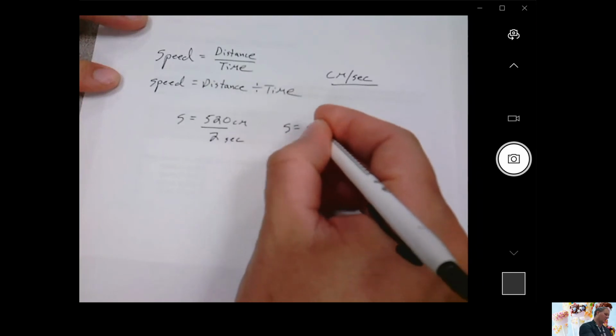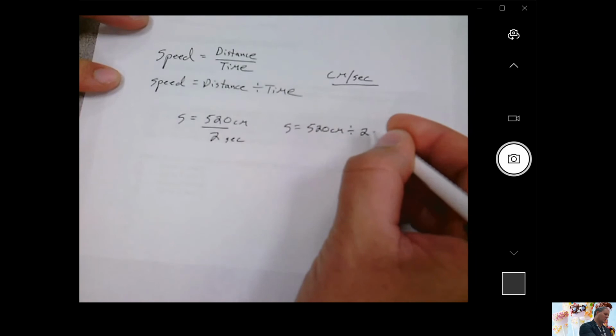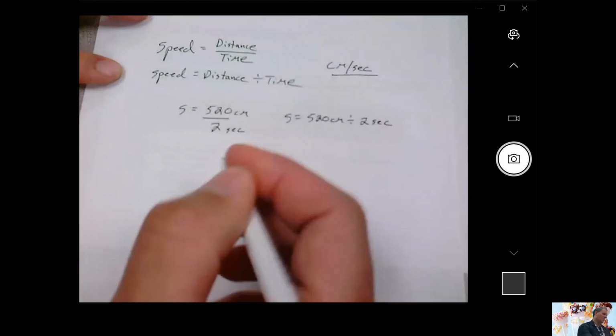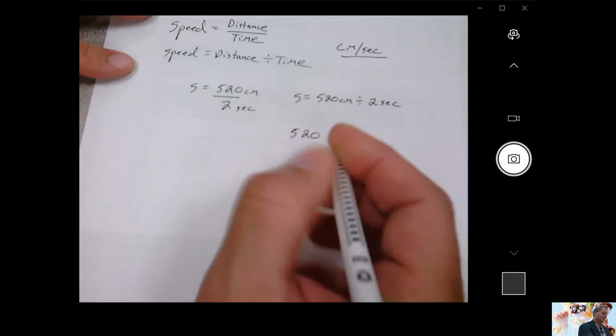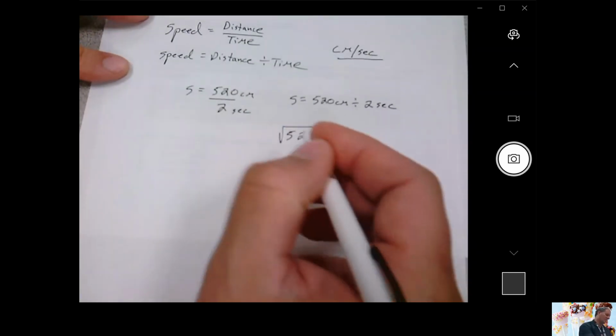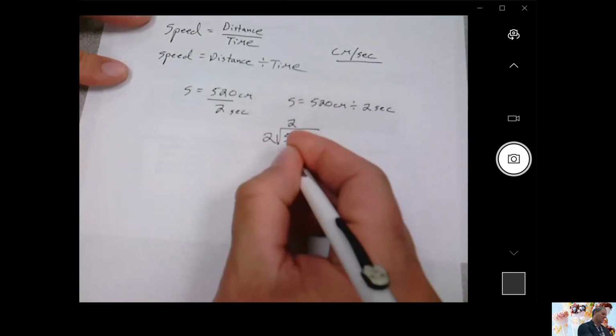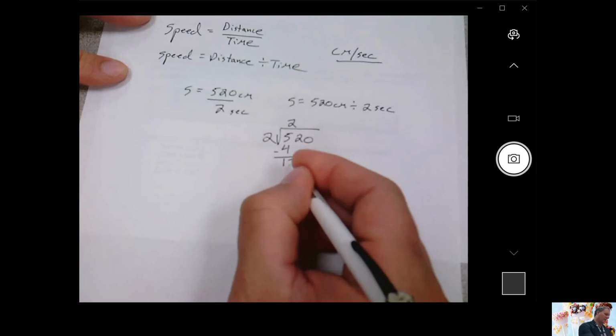Speed is 520 centimeters divided by 2 seconds. You could even put it in your form, 520. There's multiple different ways to do division, as you have been taught in class. So we could do something like this if we were doing the regular algorithm.